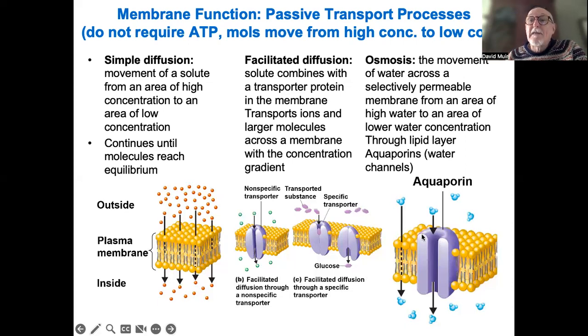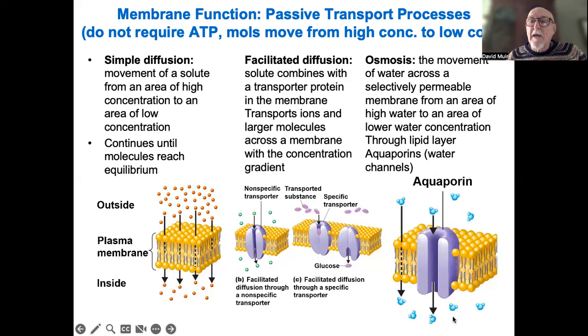And so there are a set of proteins called the aquaporins. And the aquaporins are transport proteins, again using facilitated diffusive pressures in order to move water molecules from the outside to the inside. And these are extremely important in water regulation.